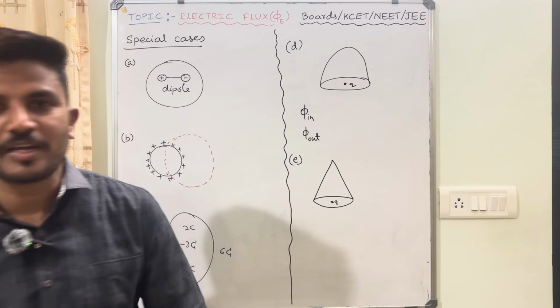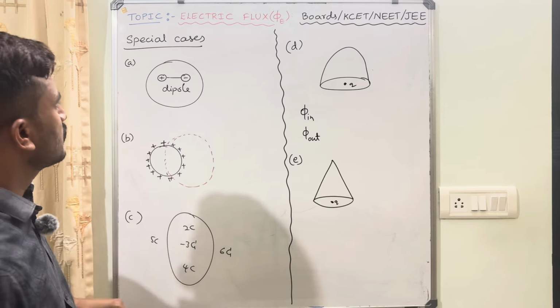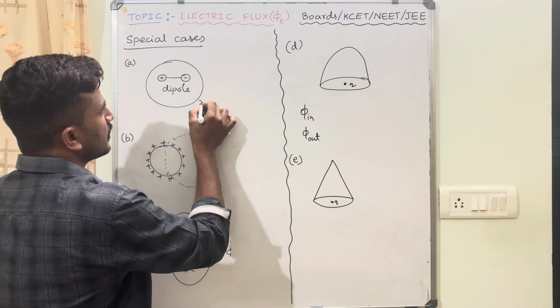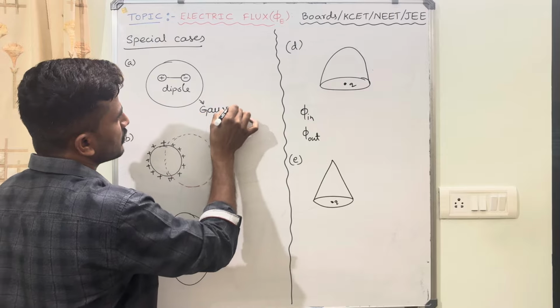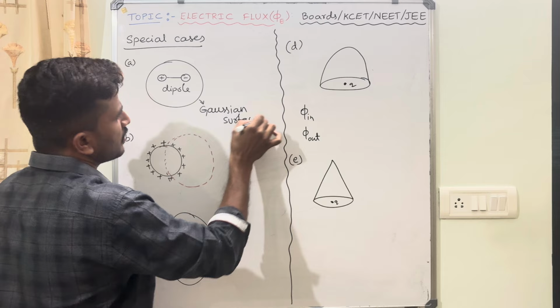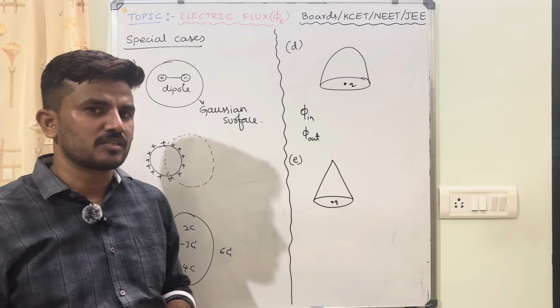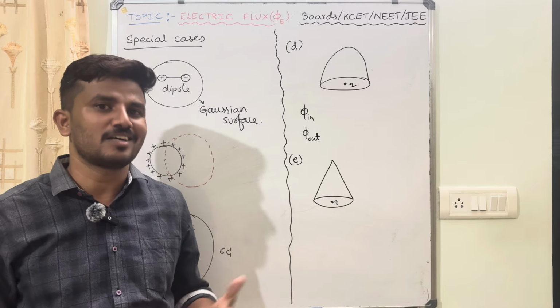Okay, so here we have few special cases. Let us learn about them. So, this is the surface. Imagine a surface called the Gaussian surface. Sir, what is Gaussian surface, sir? It is the imaginary surface to which we can apply Gauss Law.